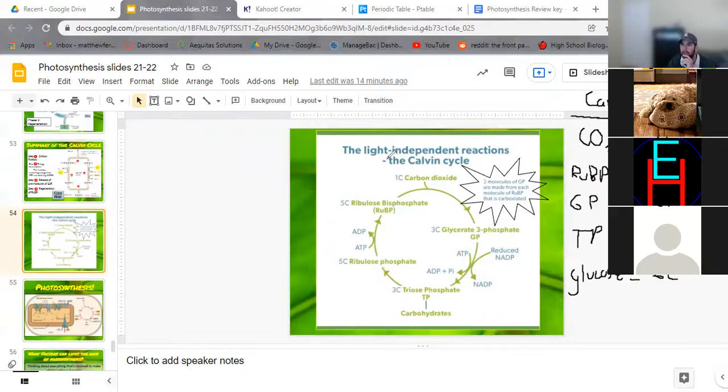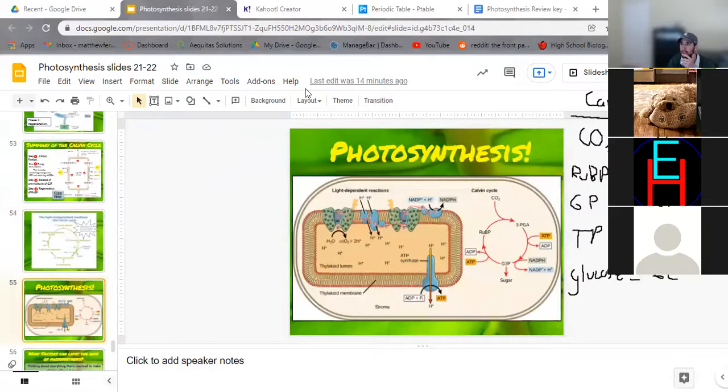Enzymes work in reactions when the substrates collide properly. And so the TP that's produced here is just now in the stroma, and then we assume that it can make the proper collision at some point with stroma enzymes and other TP molecules to become glucose. Okay, thank you. Yep.